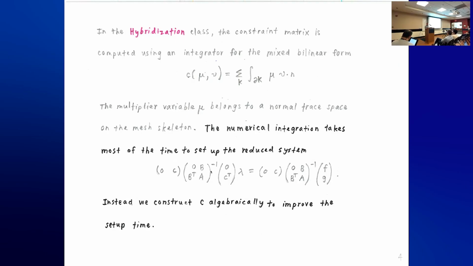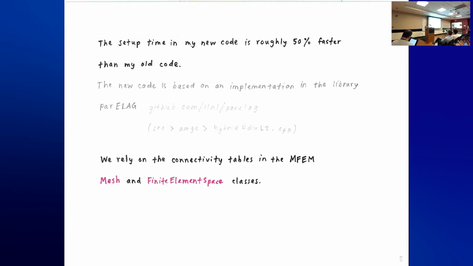So instead, we construct C algebraically to improve the setup time. The setup time in my new code is roughly 50% faster than my old code.